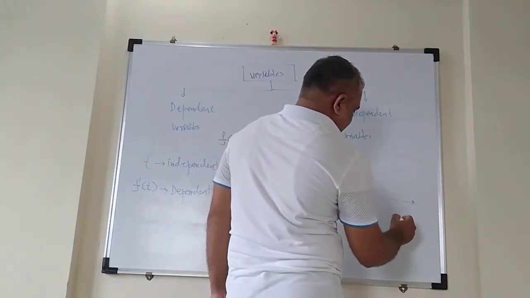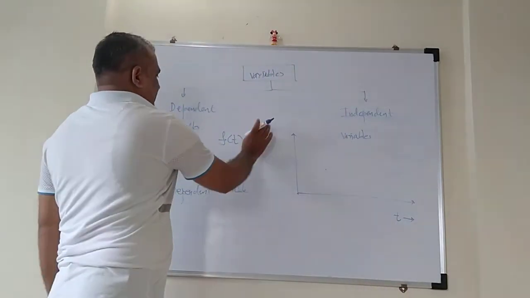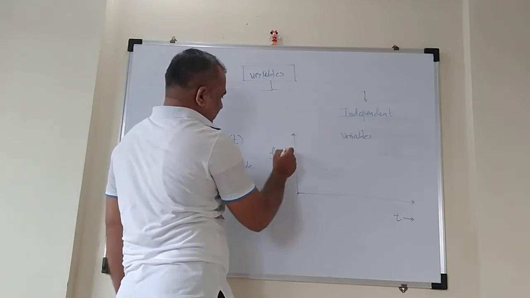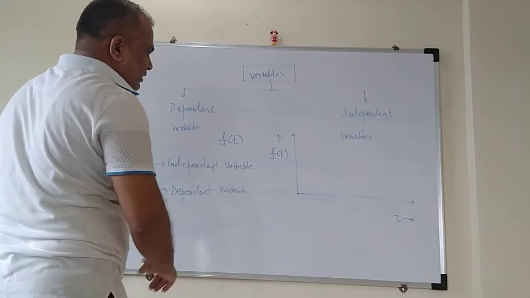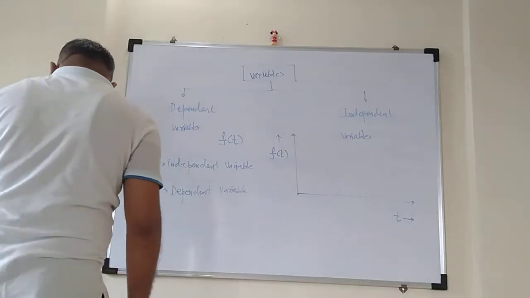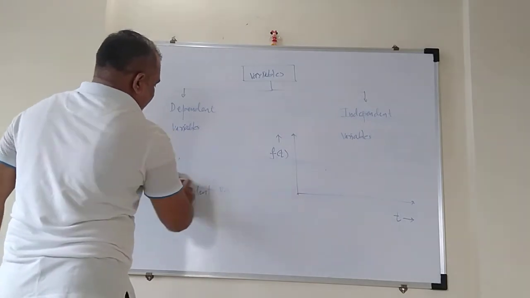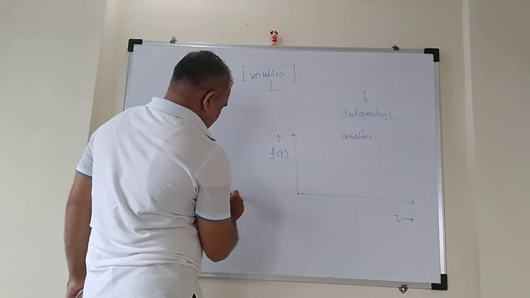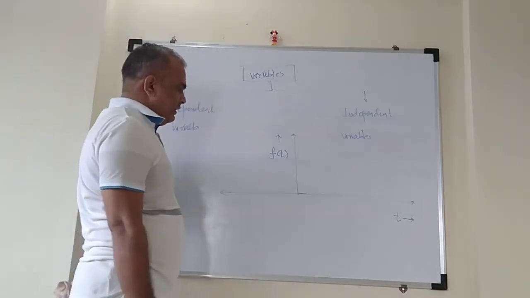So I should take the time variable on the x-axis, whereas your y-axis quantity must be a function of t in this way. Let me extend the graph on the negative x-axis also, and if you extend this graph on the negative x-axis, that will give you some interesting information. So this is my negative x-axis, isn't it?